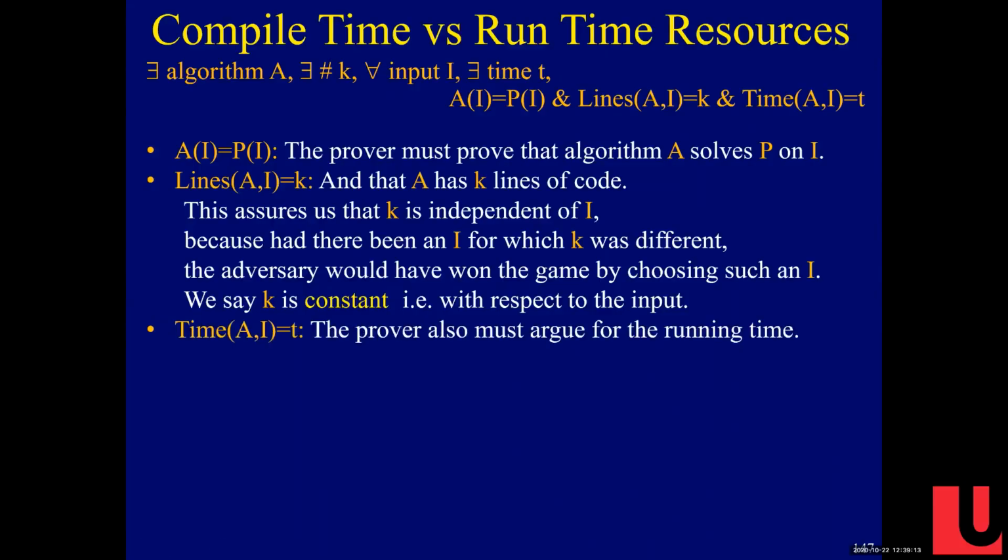Doesn't the number of lines of code also depend on the algorithm? Like if you have two different algorithms, it could be two different Ks. Yeah, and here at compile time, you get to choose both the algorithm and the K. And as I said, it doesn't matter which order you put them. You could first say, I want to write code with K lines, and then you write the algorithm.